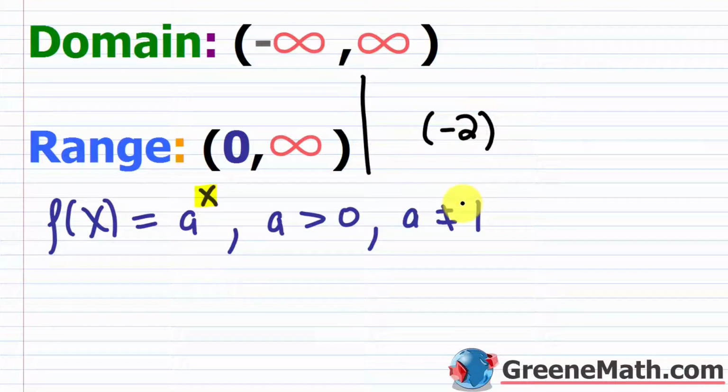Well, if I plugged in something like 1/2 or 1/4, you'd run into an issue in the real number system. (-2)^(1/2) is the square root of -2, which in the real number system we don't have, okay? Same thing goes if I raise it to the 1/4 power or the 1/8 power or something like that. So because we want the domain to be all real numbers, we've got to restrict the base.